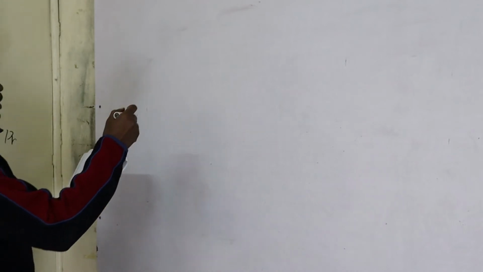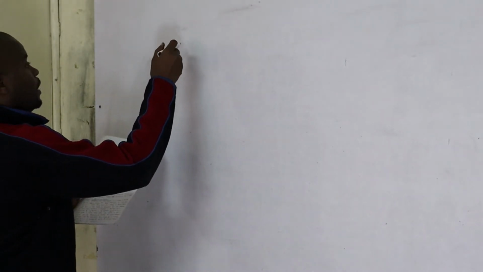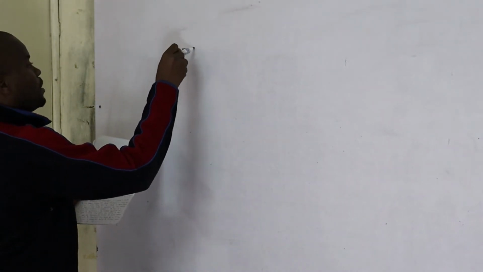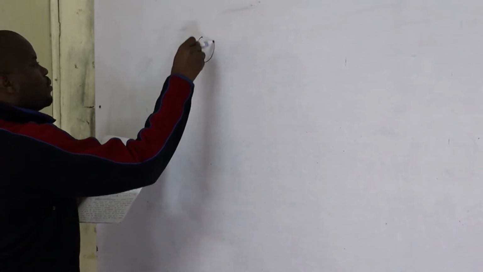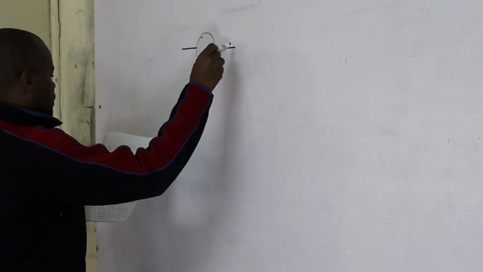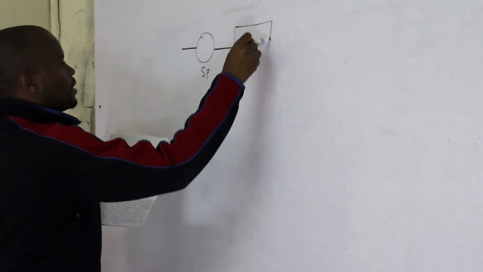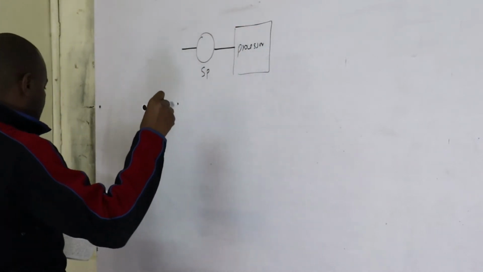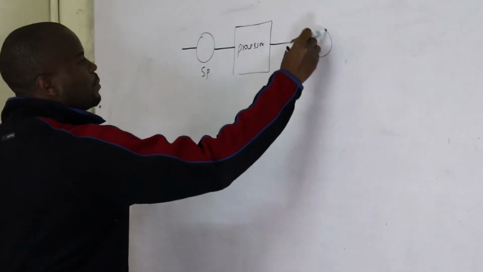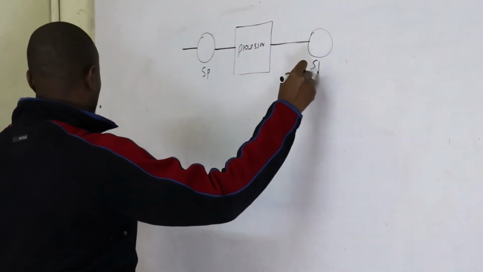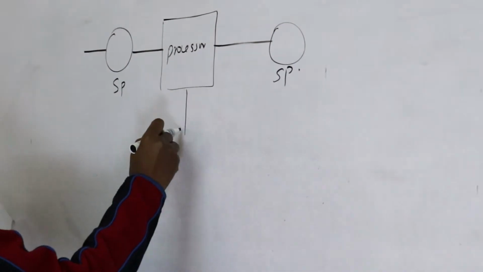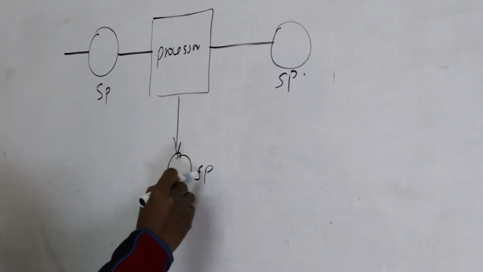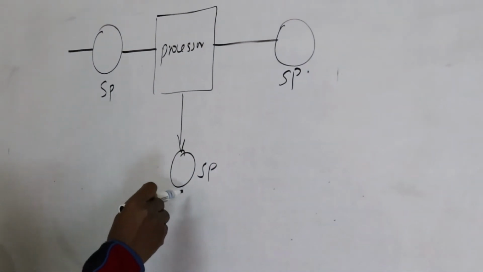We can have the diagram in order to see how it can work. In this case, we have several set points, and they go to the processor. From the processor, we have another set point, SP, and at this point we can also have another SP set point. So it has several loops.